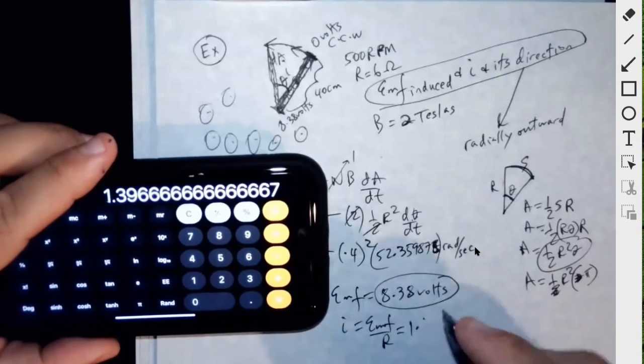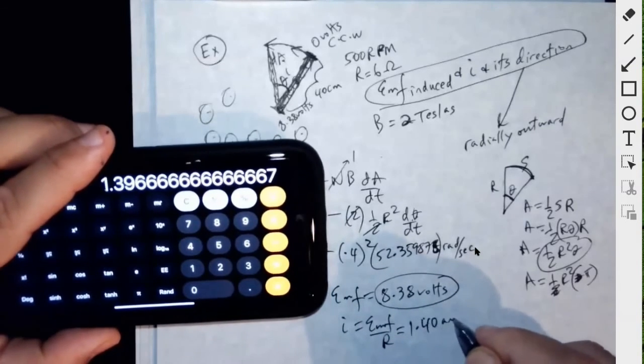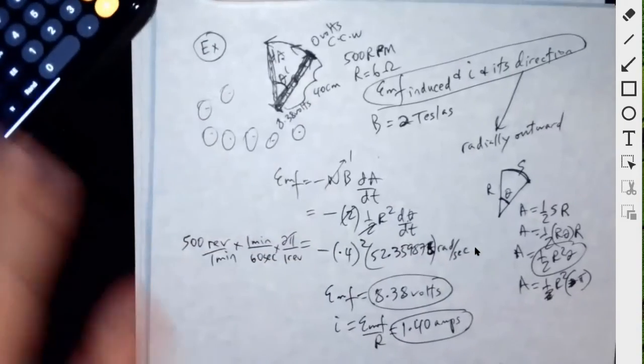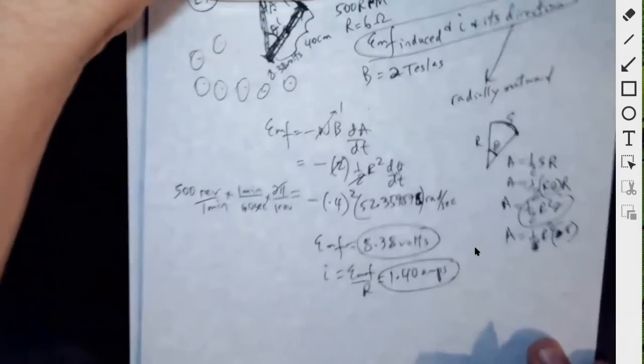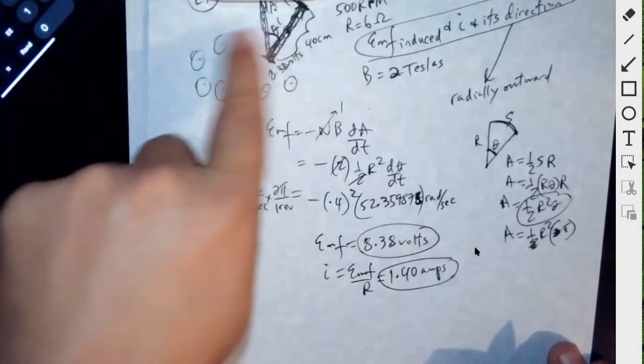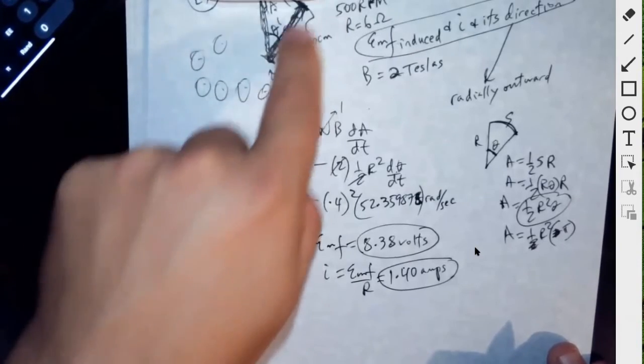That's 1.40 amps, which is actually a pretty noticeable current. So just by having a rod going like that in a magnetic field, you're creating current in the rod.